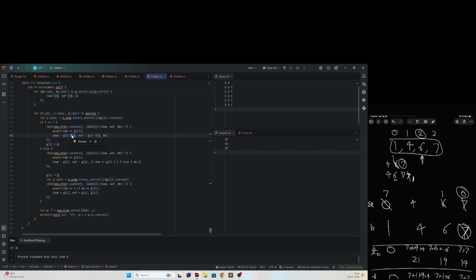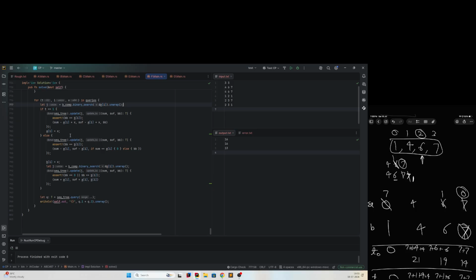I just remove ai and add x, because we are not changing b or y basically. We are not changing b, so it doesn't matter. A little assertion to confirm that. And the position at which we will update, we already found using b. Okay, I hope that makes sense.